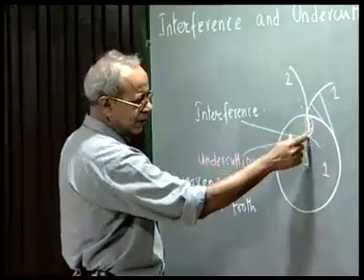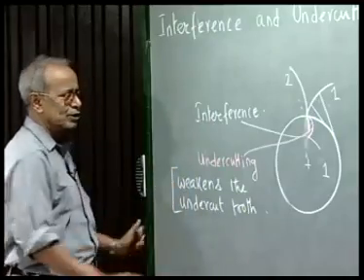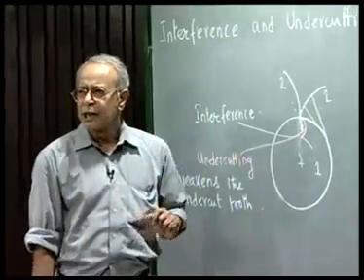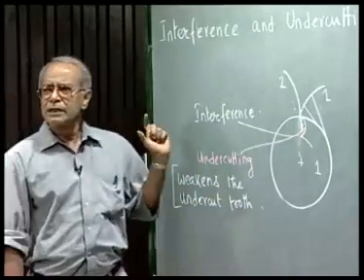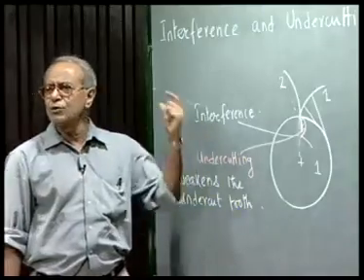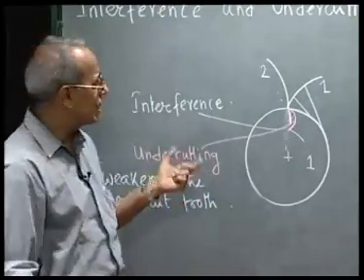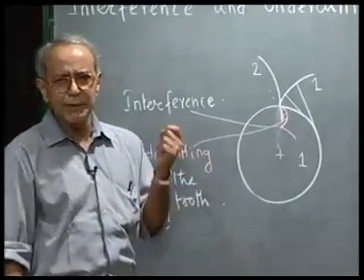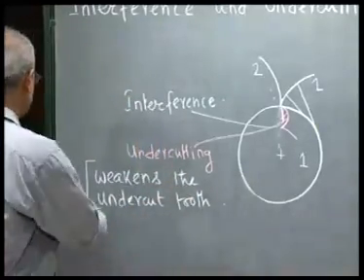So, if we have weakened the tooth near its root, that is not a very desirable solution. Only if it is a must, then only we should undercut the tooth. Next, we shall discuss how to avoid interference by ensuring some minimum number of teeth on a gear. We cannot have number of teeth on a gear less than a minimum number to avoid interference. That will be our next topic of discussion.